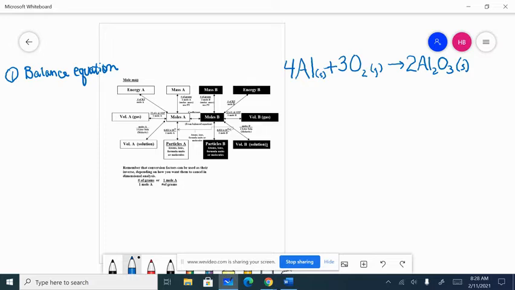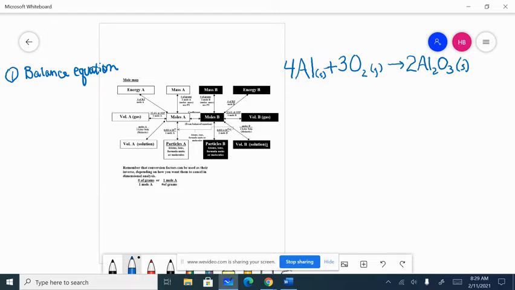So the real representation of what's happening here is that there are 4 atoms of aluminum reacting with 3 molecules of oxygen to produce 2 formula units of aluminum oxide. Remember, an atom is a single piece of an element, a molecule is a single piece of a covalent compound, and a formula unit is a single piece of an ionic compound.